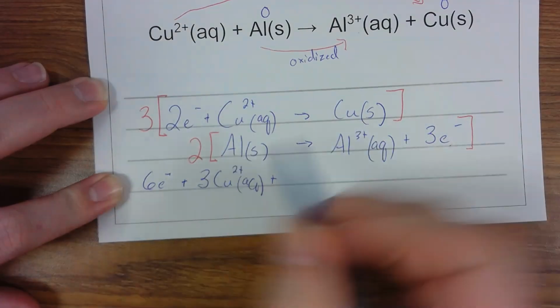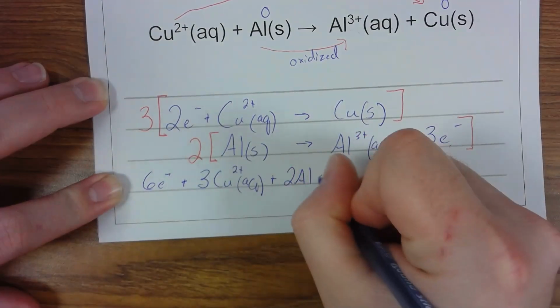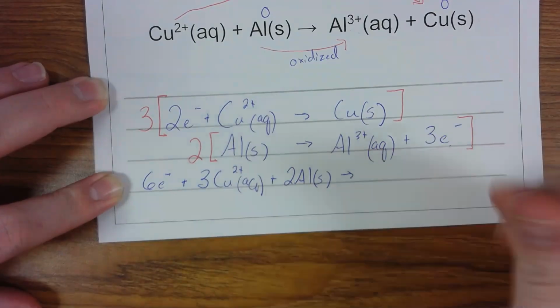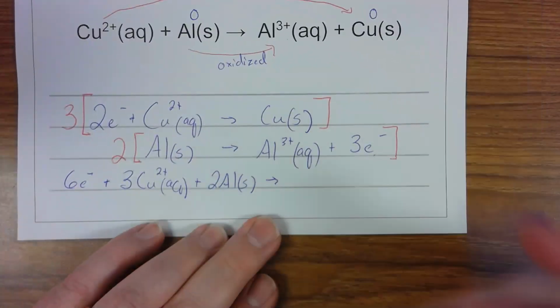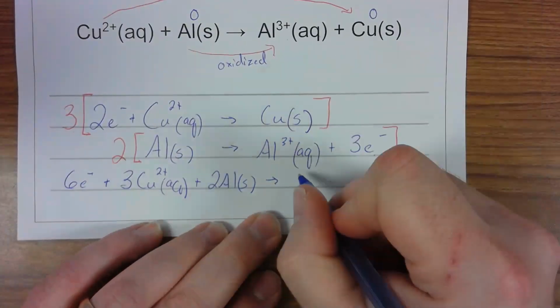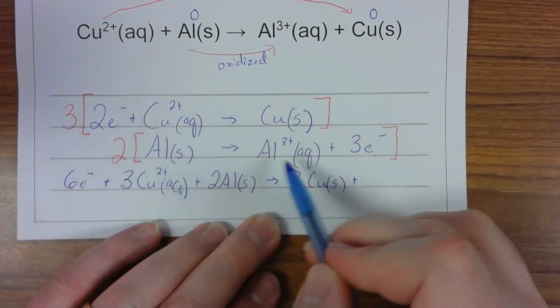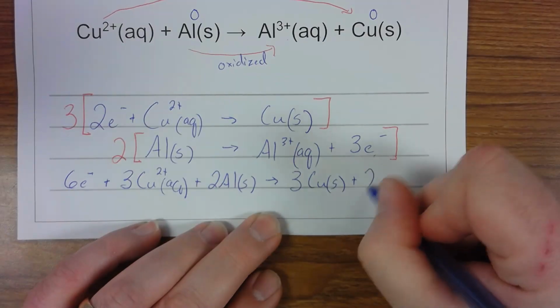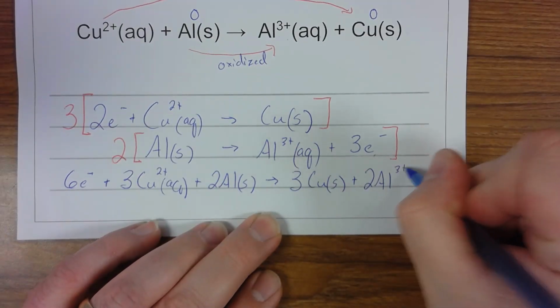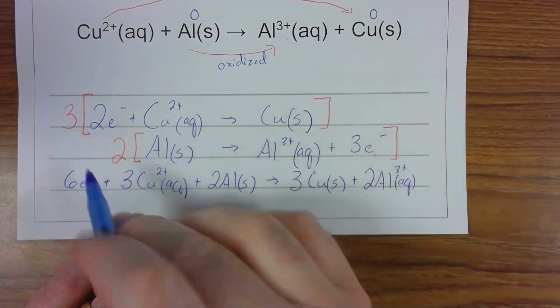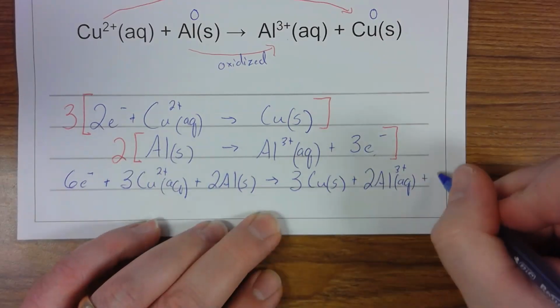And 2 of the aluminum solids yield, coming over here, 3 of the copper solids and 2 of the Al3 plus, and of course 6 electrons.